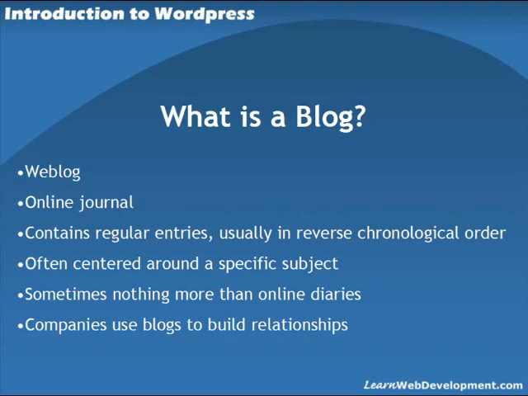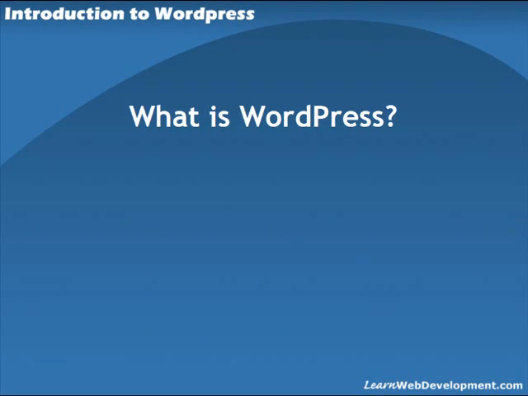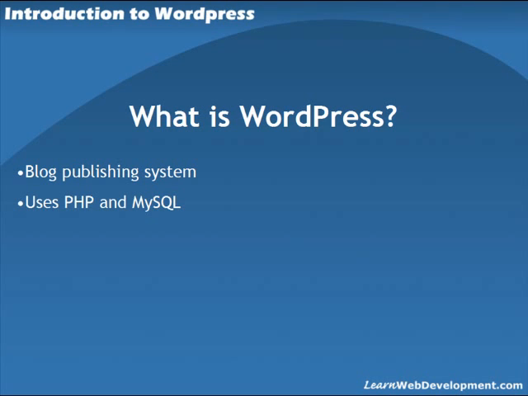So now that we know what a blog is, let's talk about WordPress itself. WordPress is really nothing more than a blog publishing system. It allows you to create a blog with very little effort. WordPress itself uses PHP and MySQL. It's created with the PHP scripting language, and it interfaces with MySQL databases in order to store all your blog entries and things like that.